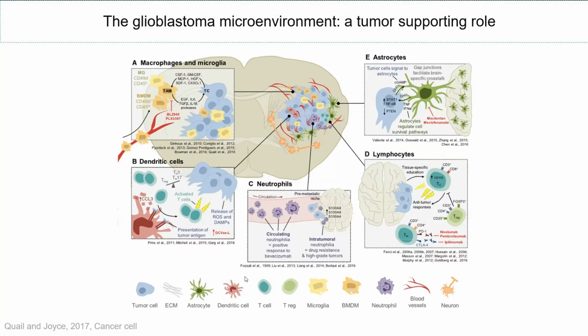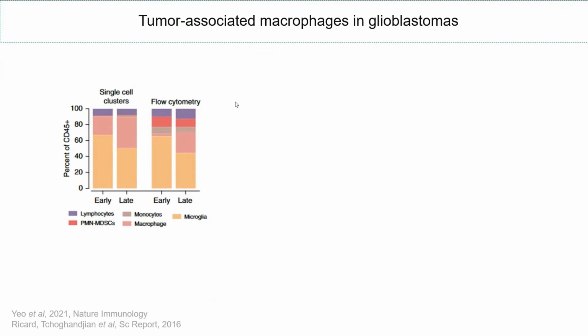And one part of the answer resides in the cellular heterogeneity of these tumors, and they are composed of several types of cells: astrocytes, lymphocytes, neutrocytes, dendritic cells, macrophages, and microglia cells. And all these cells have a tumor supporting role. And among these cells of the microenvironment, the microglia and the macrophages, so the TAM population, is the most abundant one.